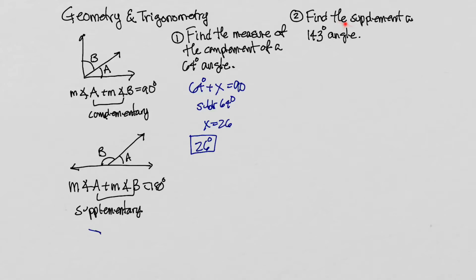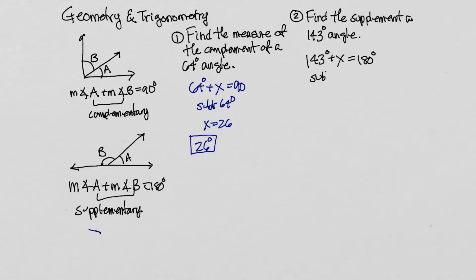So now we want to find the supplement. Back in number 1, we found the complement. Those are two angles whose measures add to 90. Now we want to find the supplement of an angle who's already 143 degrees. So what we're going to have is 143 degrees plus x, some angle measure. That's equal to 180. 180 because they're supplements.